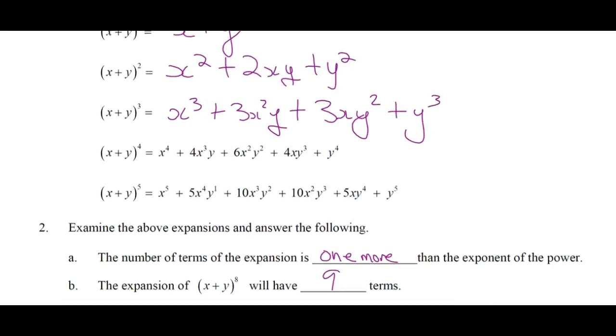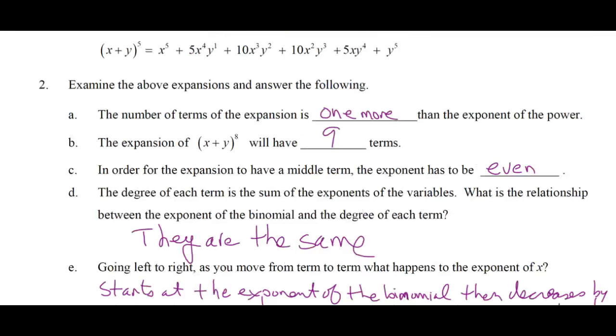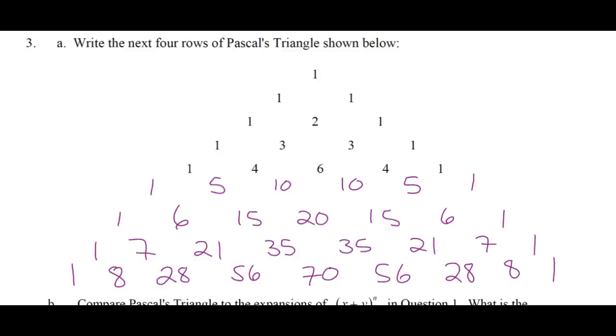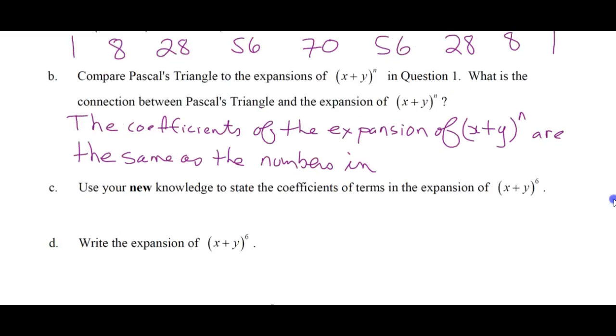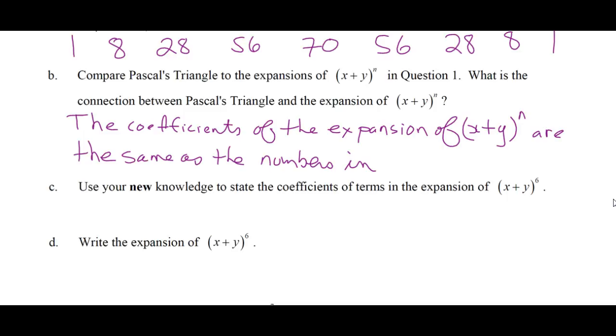Because there are 6 terms, so which row of Pascal's triangle is that? That's row 6. So the coefficients of the expansion of x plus y to the 5th are the same as the numbers in row 6. So n plus 1: the same as the numbers in row n plus 1 of Pascal's triangle.